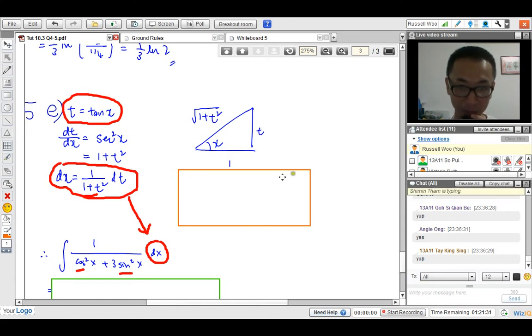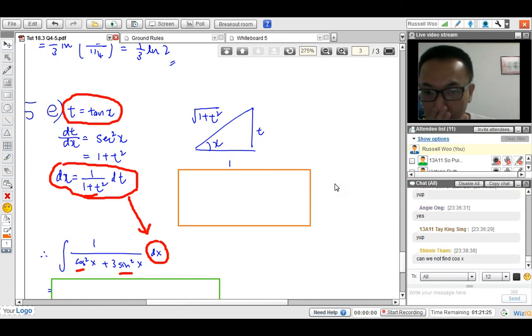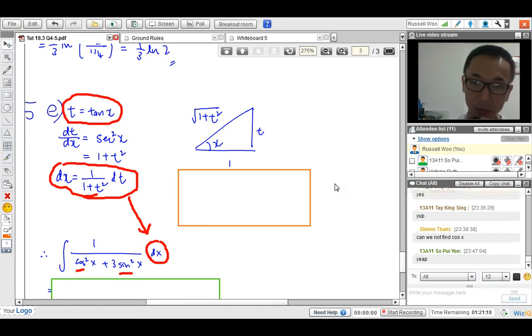Can? Yep, fine, no problem. If you don't like to find cosine x, fine, no problem, because sine x plus cosine x is 1. Agree? No problem.